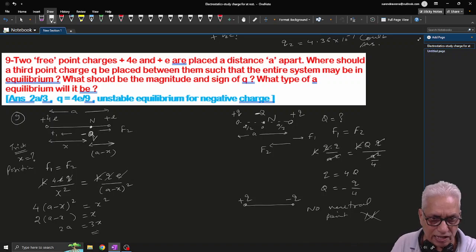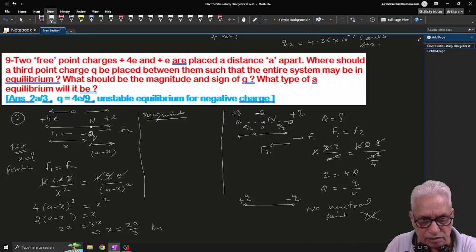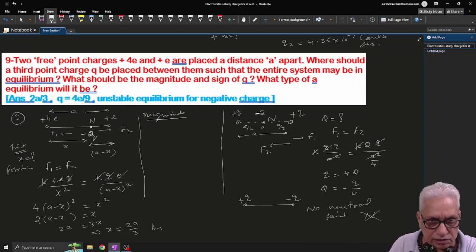So x, the position, will be 2a upon 3. This is the answer. Now we have to find out the magnitude of the charge. हमेशा क्या लेंगे, नेट फोर्स ऑन द एक्सट्रीम, either on 4e or on e. हमेशा मैग्नीट्यूड निकालने का क्या तरीका होगा, the trick: at any extreme, either e or 4e.